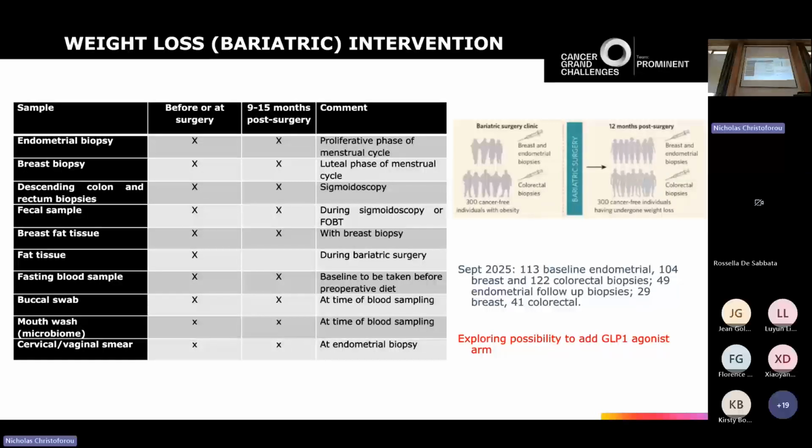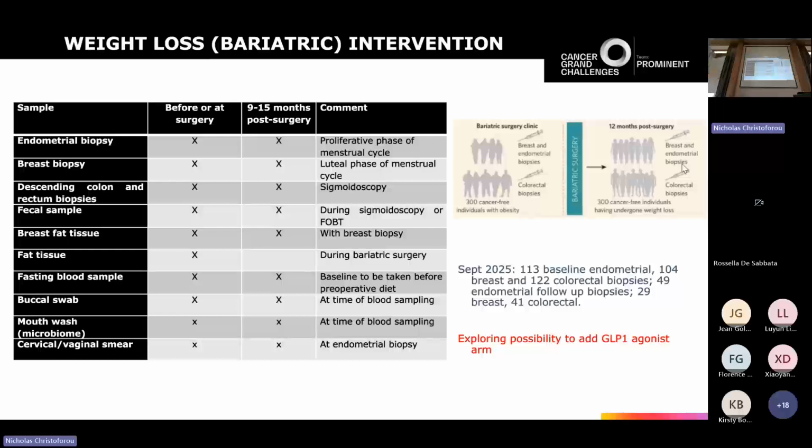These are just an example of some of the tissue samples that we're collecting within the intervention: different tissue biopsies, fecal samples, breast fat, bloods, buccal swab, mouthwash, and cervical smears. So it's a very large, very unique biorepository that we're collecting within these interventions.